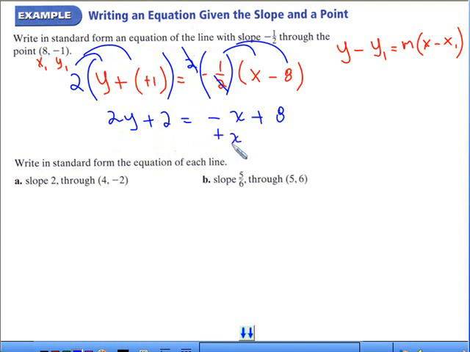So we're going to add x over here, add x over here, minus 2 here, minus 2 here. So this will cancel. We're left with x plus 2y. This cancels, is equal to 6. So now the equation is in standard form. X and y is together. We don't have any fractions. And x is positive. There we go.